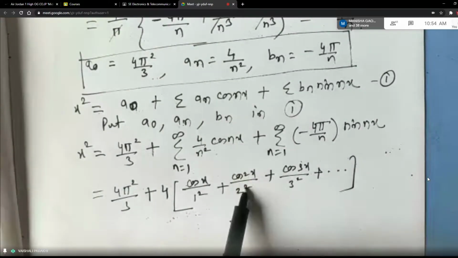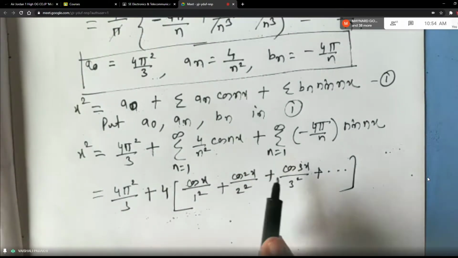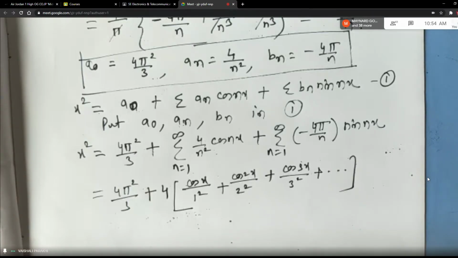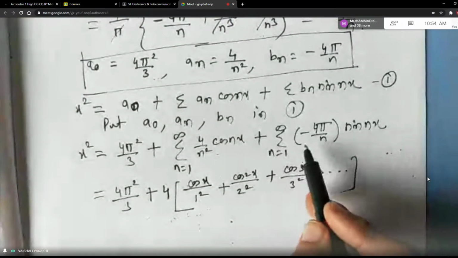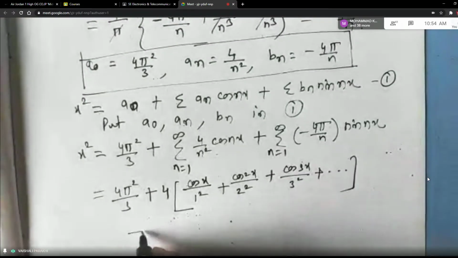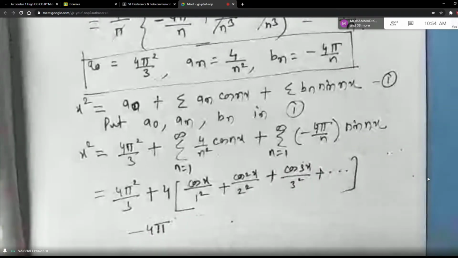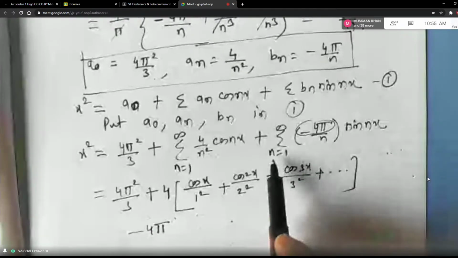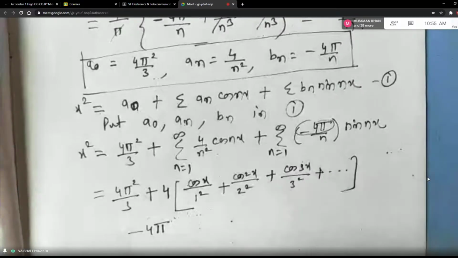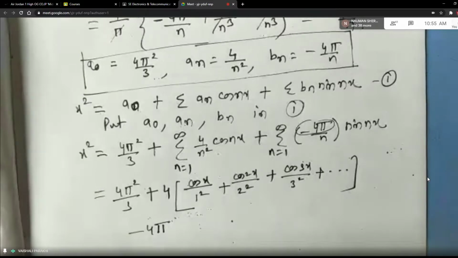This is only for the middle term I have done, students. Plus. Now let me see what I can take out of this summation. I can definitely take out minus 4 pi, right? Because minus 4 pi is independent of n. You have to keep only the terms in n inside the summation sign, because you have to make changes in n, nothing else.